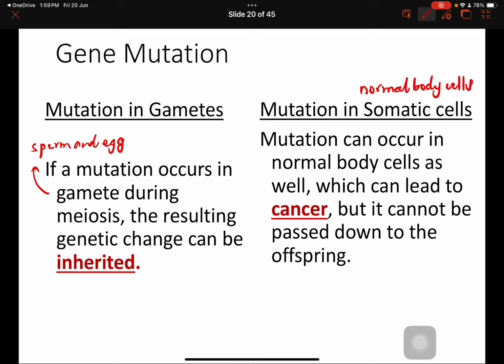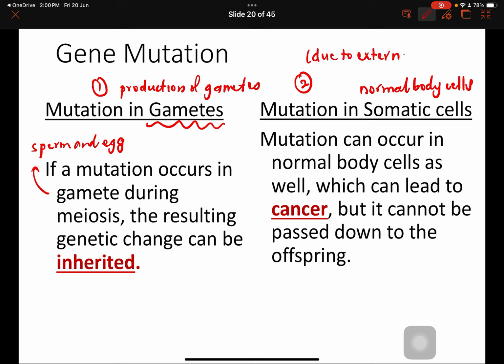Alright, so genetic mutation can happen in two ways. Firstly, it happens to your gametes during production. And the second happens to your normal body cells due to external environment changes.